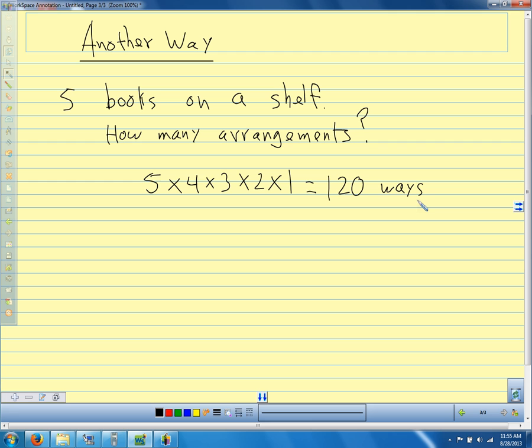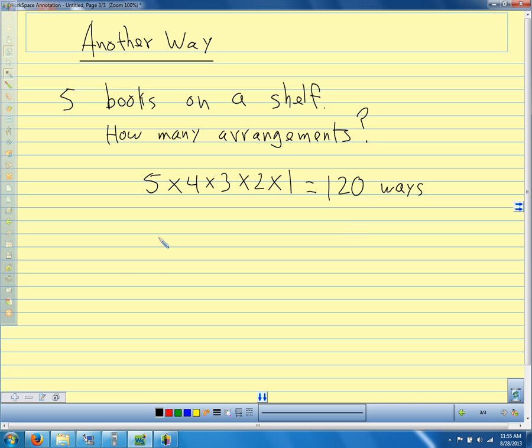So we have 120 ways that we can put these 5 books on our bookshelf. This calculation of starting with a number and multiplying by each smaller number until we get down to 1 happens really often, especially when we're talking about probability and counting big numbers. Mathematicians came up with a special symbol for it.